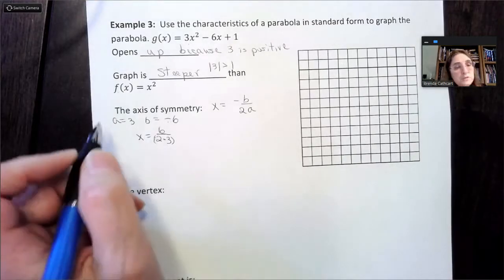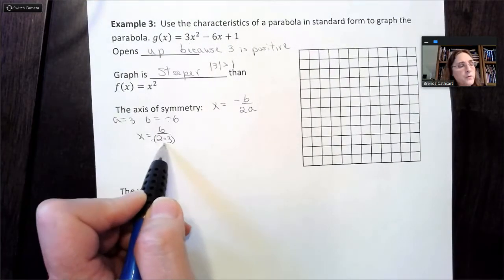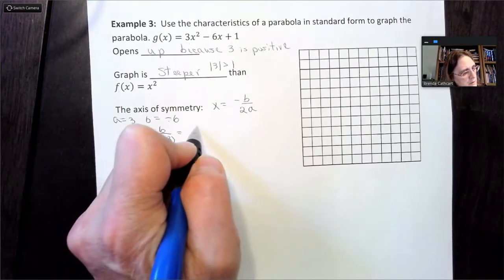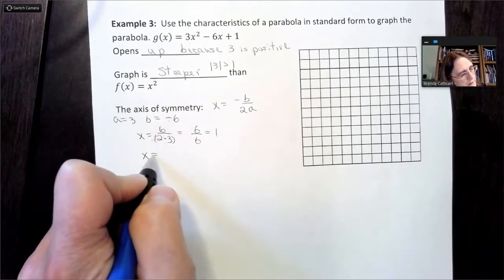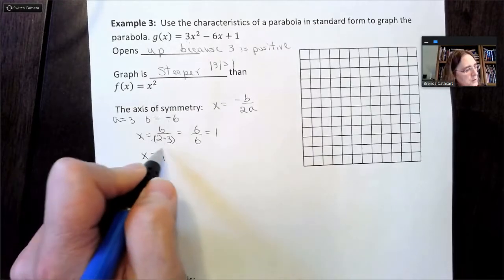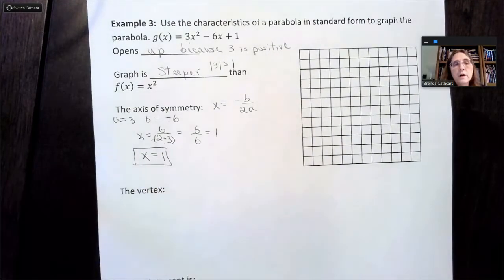Order of operations, we're going to do this 2 times 3 first and then the division. So I have 6 divided by 6, or 1. So our axis of symmetry is the vertical line x equals 1. It's not a number, it's a line. So it's x equals 1.